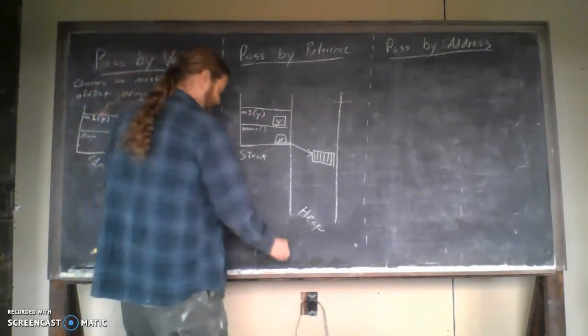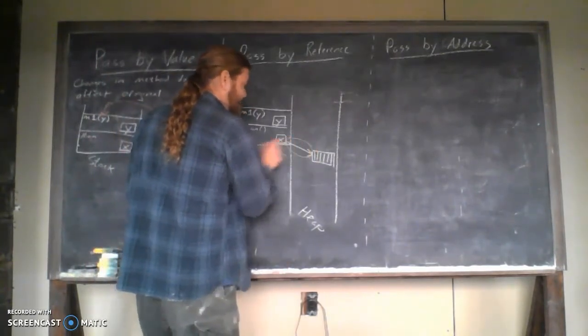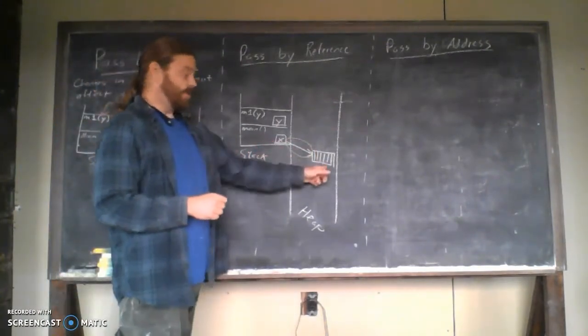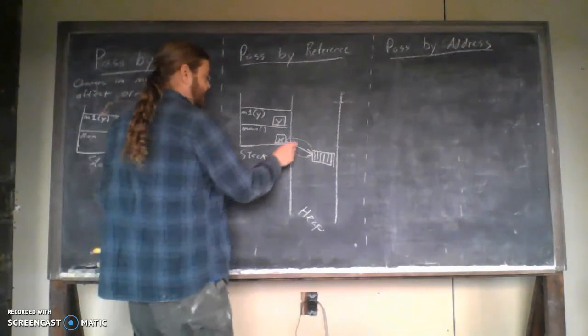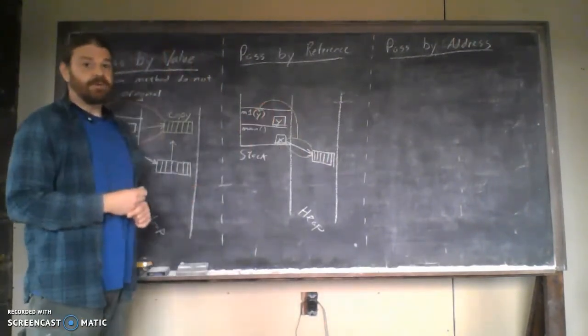Kind of what we're passing is this thing, that arrow pointing from the original variable to the block of bits. That's what we pass in for y.